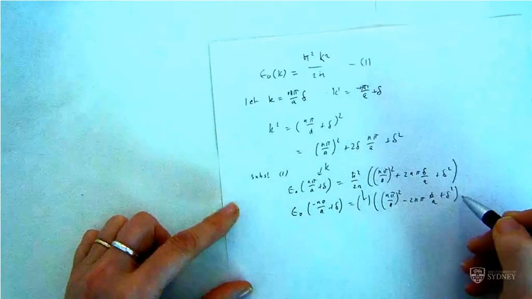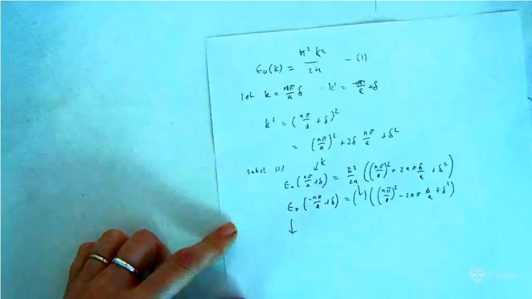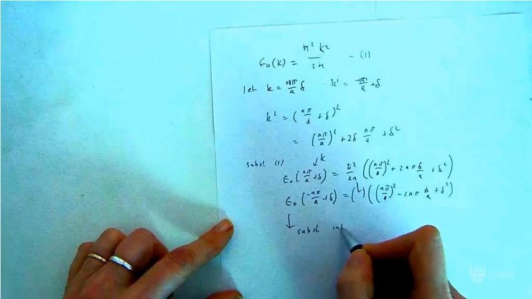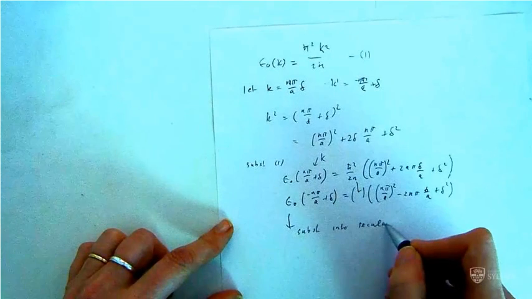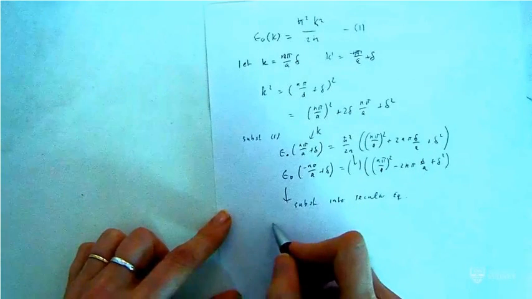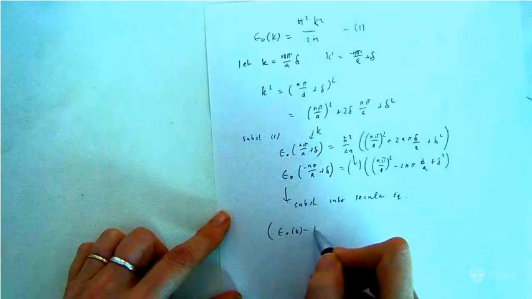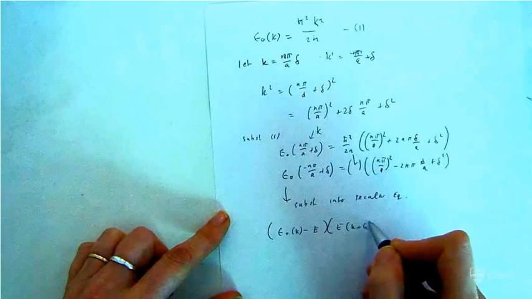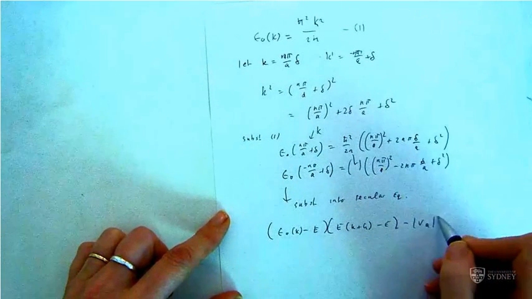And with these two expressions, we substitute them into the secular equation. Remember we had this one, E0 of k minus E, times E0 of k plus G minus E, minus V squared equals 0.